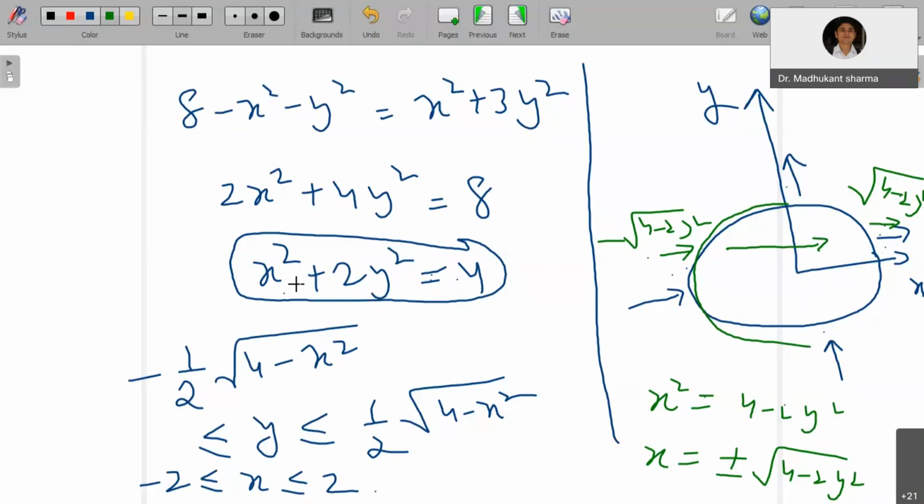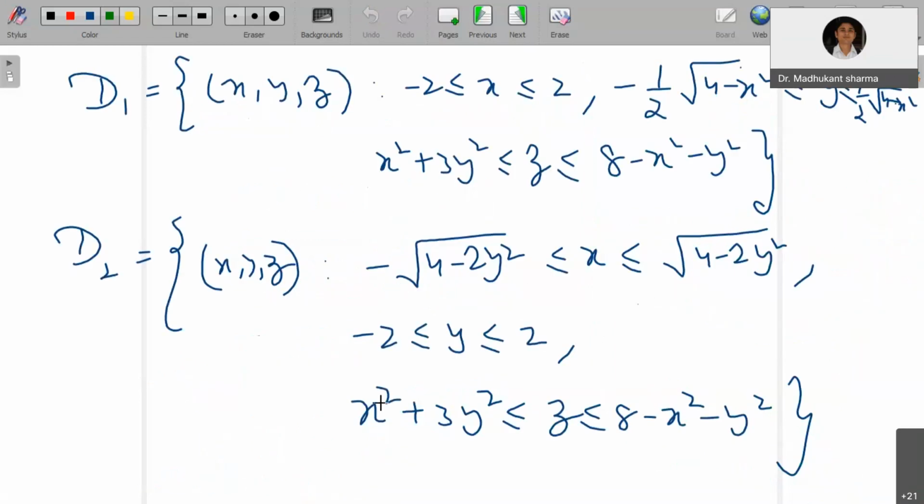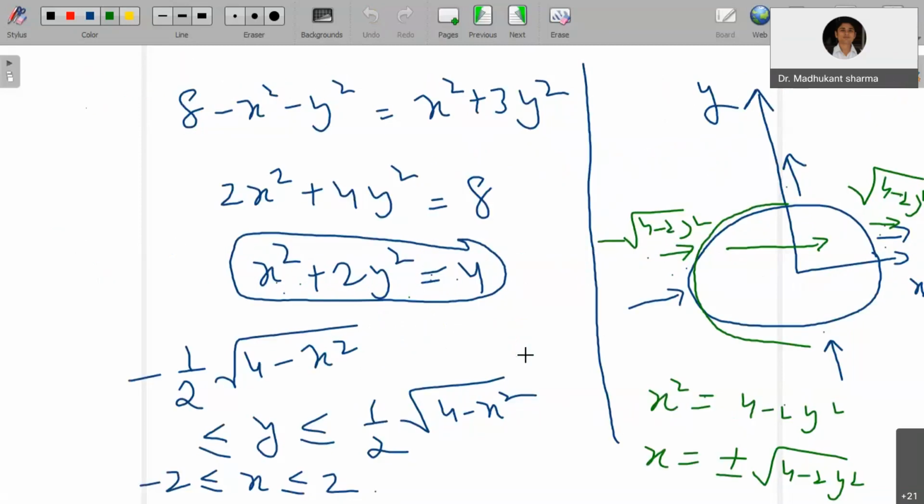Minus root 2 to plus root 2. Yes, correct. So minus root 2 to plus root 2 is correct. I had cancelled the 4 but had not taken the square root of it. Yeah, now it's correct.